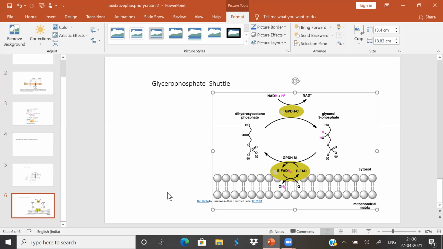Now, what is the P/O ratio, or phosphorylation oxidation ratio?